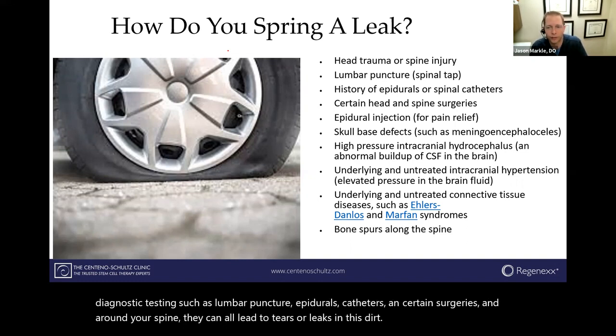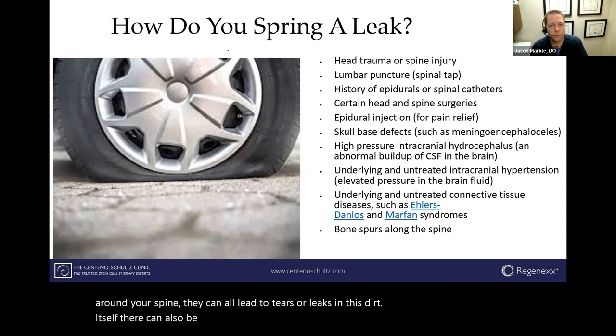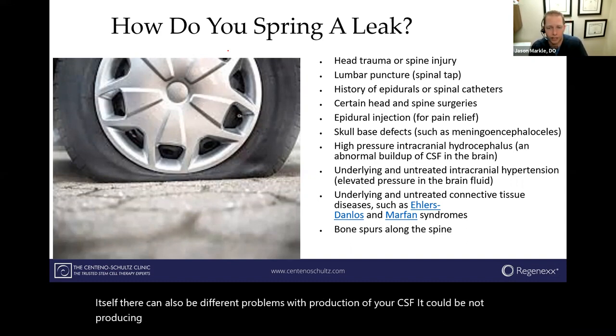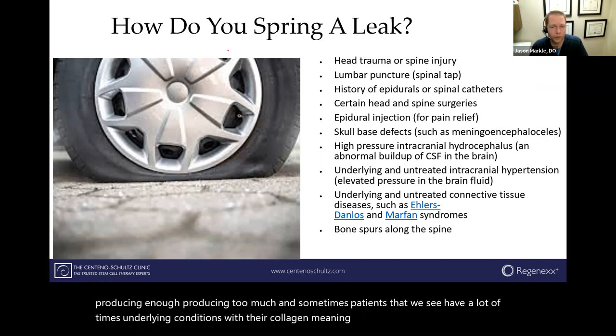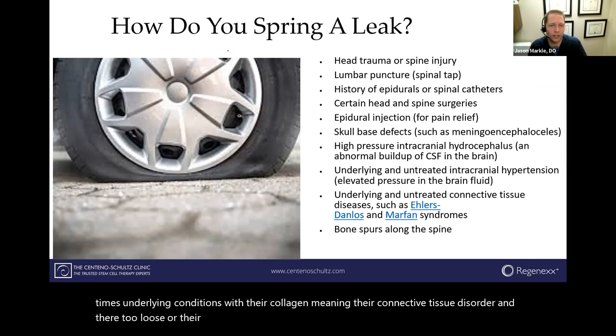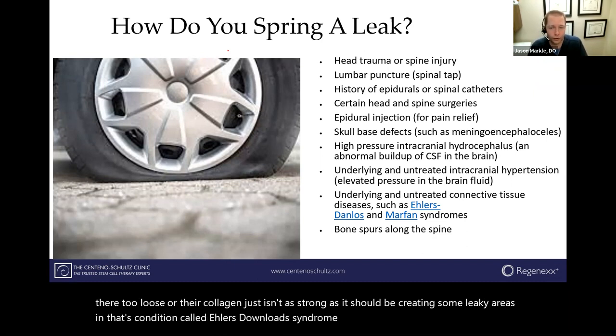There can also be different problems with production of your CSF. It could be not producing enough or producing too much. Sometimes patients that we see have underlying conditions with their collagen, meaning a connective tissue disorder, where their collagen just isn't as strong as it should be, creating some leaky areas. That's a condition called Ehlers-Danlos syndrome, or EDS, or Marfan syndrome.